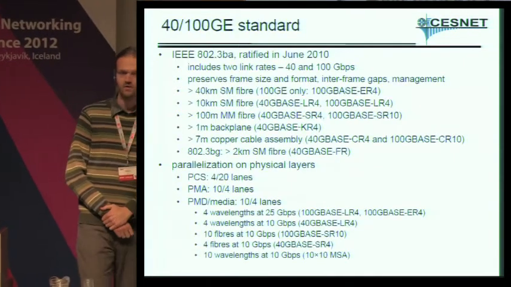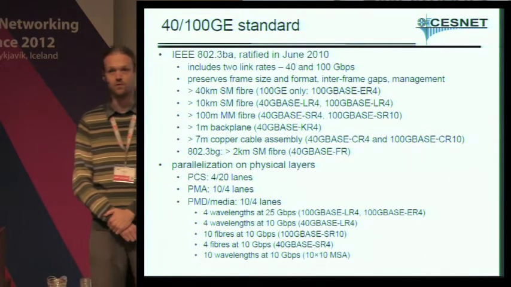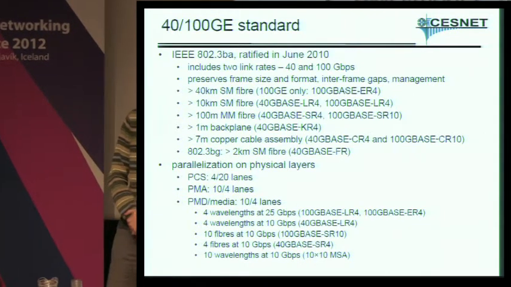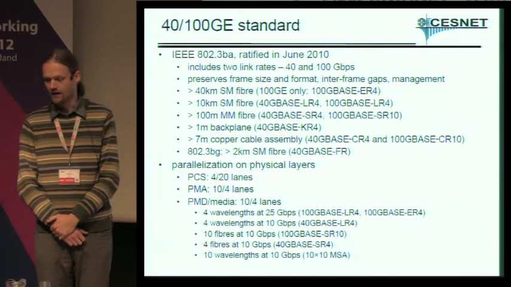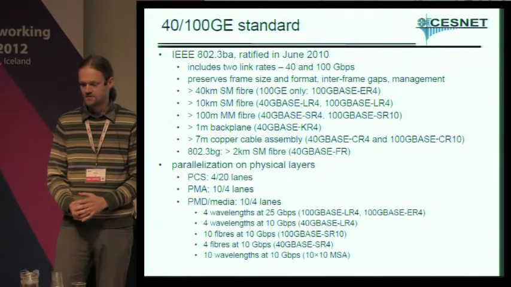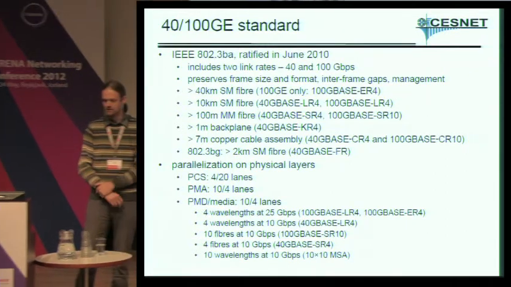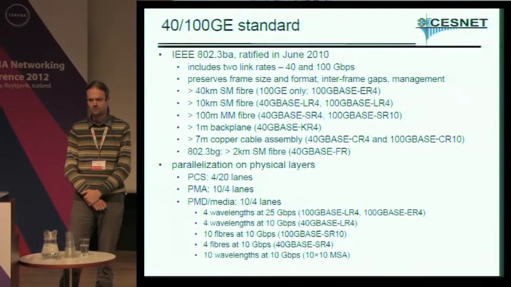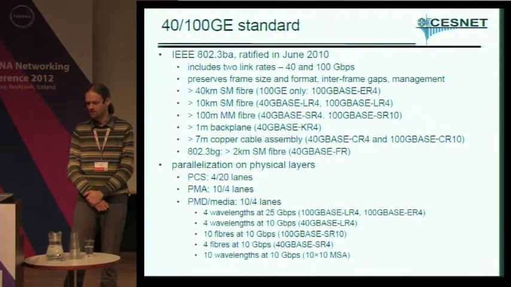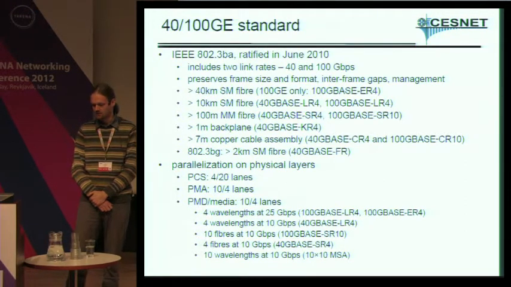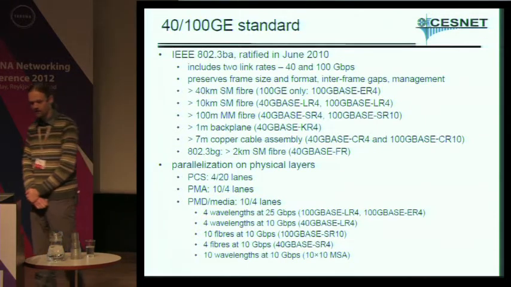The 100G standard, which also defines 40G in the same document, was ratified almost two years ago, and it preserves a lot of the principles that were used in 10G and even older standards: the frame size and format, interframe gaps, management, and so on.